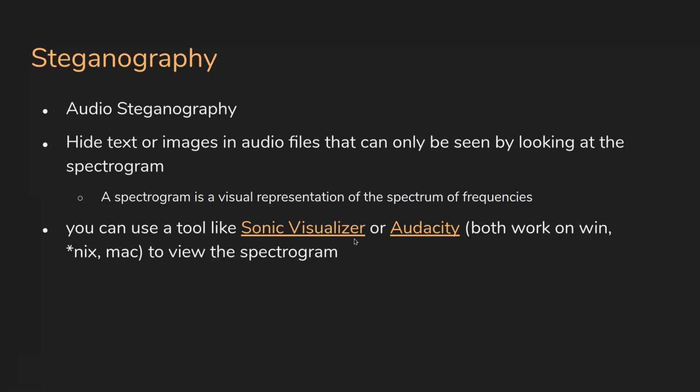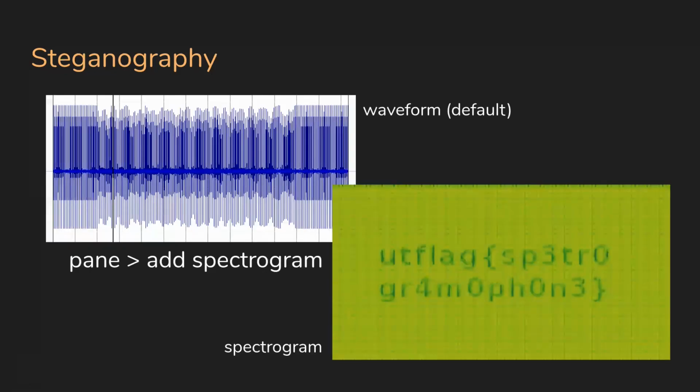Sonic Visualizer is one that I really like. Both work on basically every operating system that is important. I don't know about Chrome OS. And Audacity is one that a lot of people already have installed for simple audio editing. This is a screenshot from Sonic Visualizer.